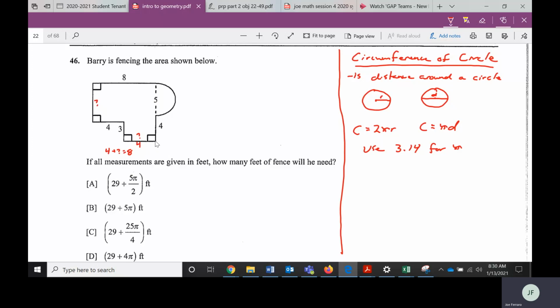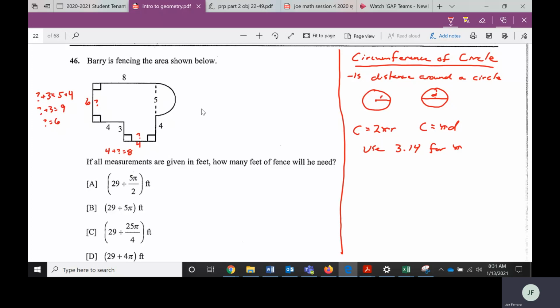From here to here should be the same as this question mark plus 3. So question mark plus 3 should be the same as 5 plus 4. So question mark plus 3 equals 9. So then question mark is 6.